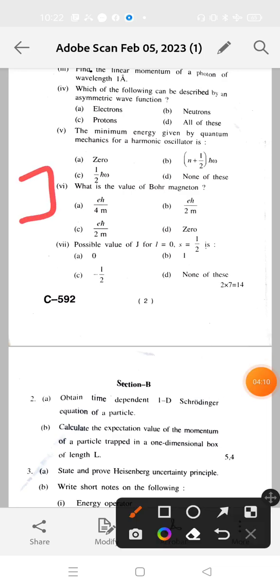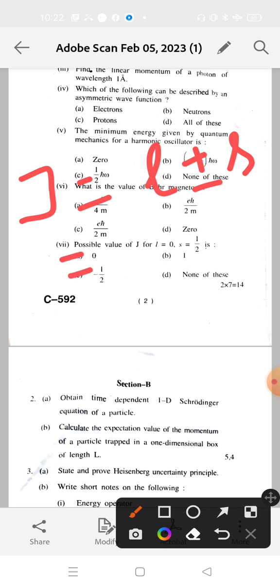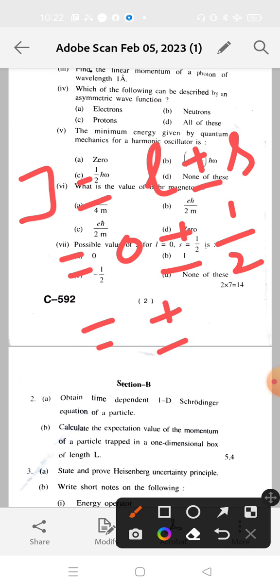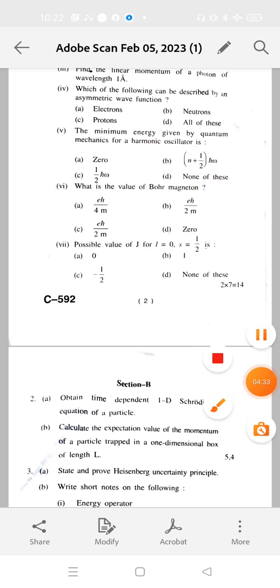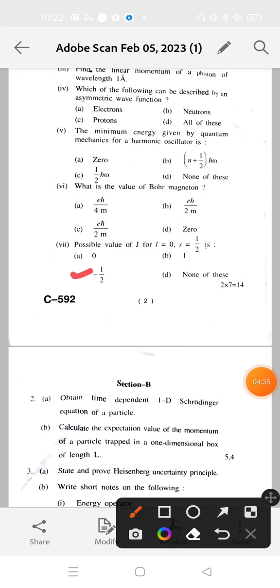So possible values of J are L plus minus S. L is orbital quantum number, S is spin quantum number. So here L is equal to 0 and S is equal to 1 by 2. So possible values of J for this combination are plus minus 1 by 2. But there is given 1 by 2. So this is also a possible value and the right option is C.